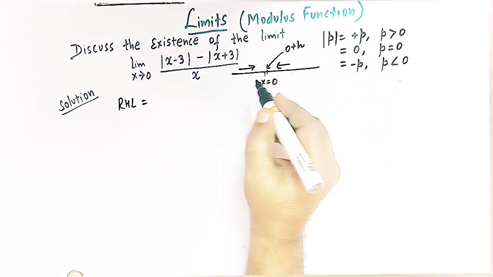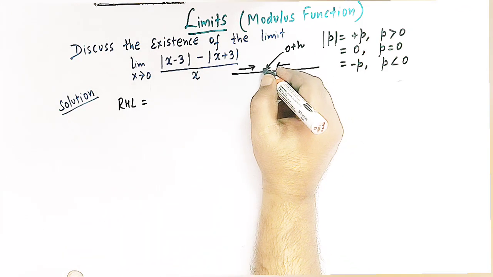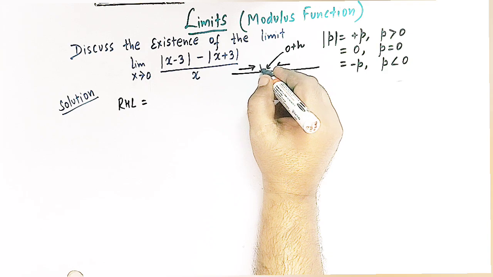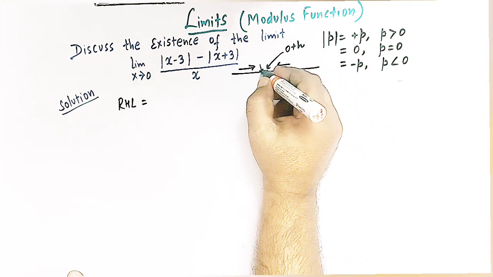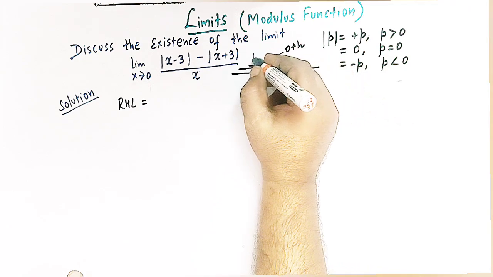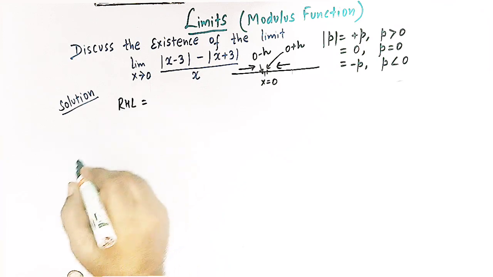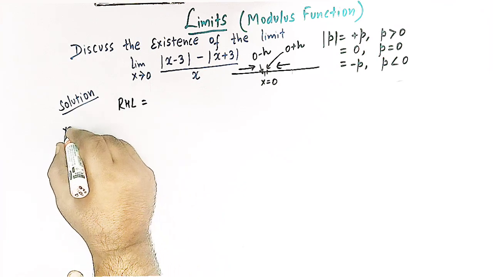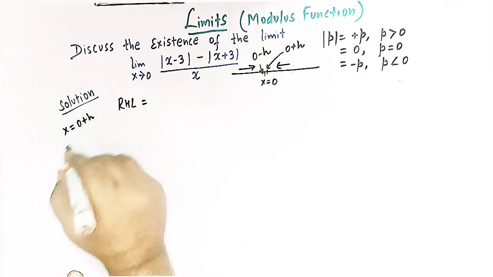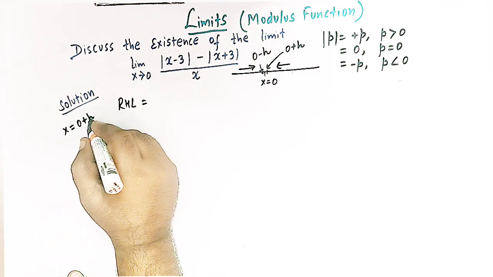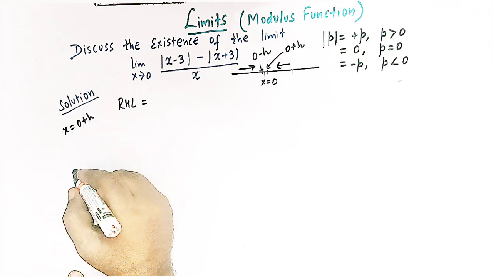And when we approach x is equal to 0 from the left of x is equal to 0, then we reach a point which is known as the left neighborhood of x is equal to 0, and here this point is 0 minus h. So to get the value of the right hand limit, we take x is equal to 0 plus h, and remember this h is infinitesimally very small, and it is a positive quantity, and it lies between 0 and 1.